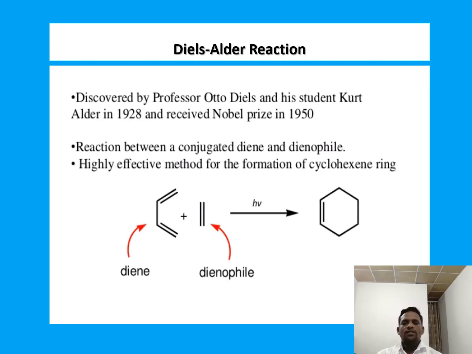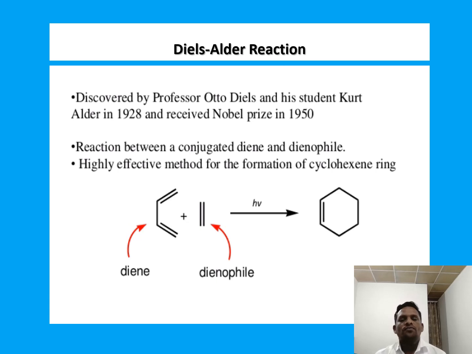First, we will see the Diels-Alder reaction. It was discovered by Professor Otto Diels and his student Kurt Alder in 1928, and they received the Nobel Prize in 1950. The reaction between a conjugated diene and a dienophile is known as the Diels-Alder reaction. It is a highly effective method for the formation of the cyclohexene ring, which means two C-C bonds are formed.